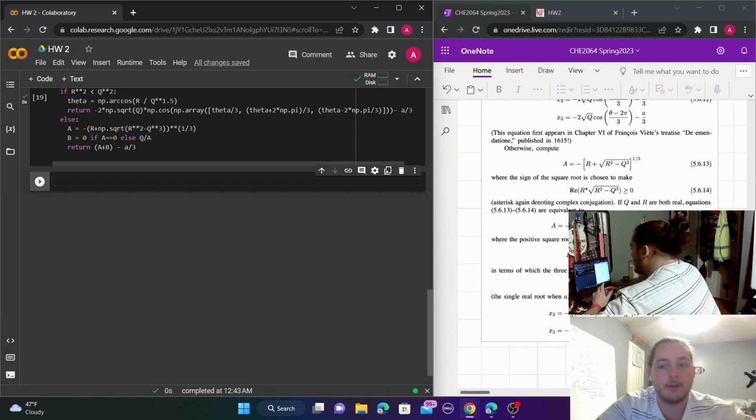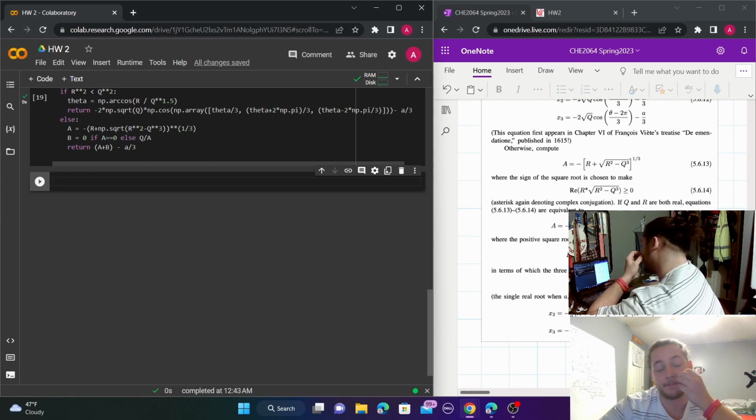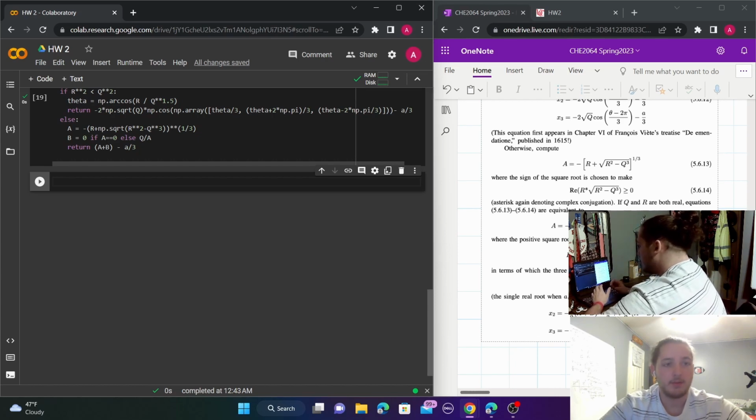Now we are going to want to use the polynomial function in Colab or Python in order to evaluate our polynomial and to give us an equation.